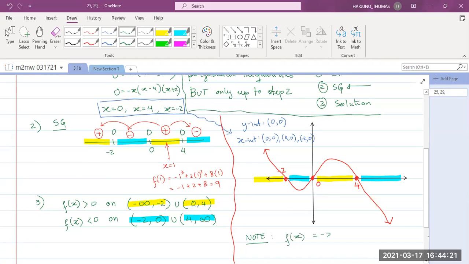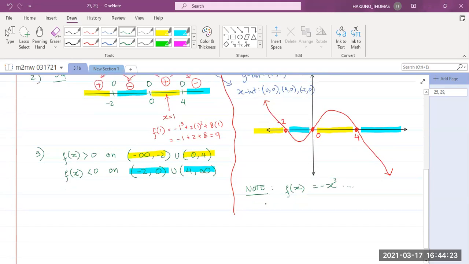So what happened to the far end behavior? Far end behavior only follows the leading term, right? And the leading term here has degree of 3, and the leading coefficient is negative.